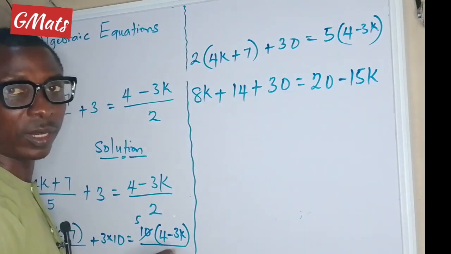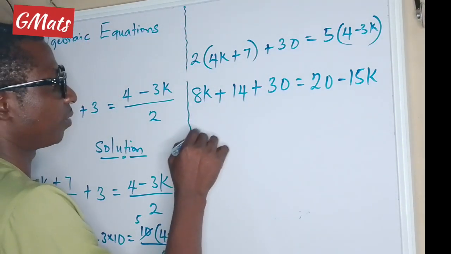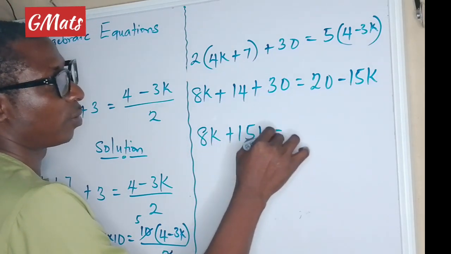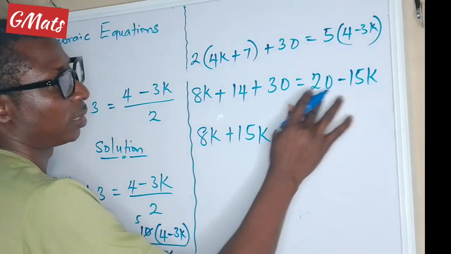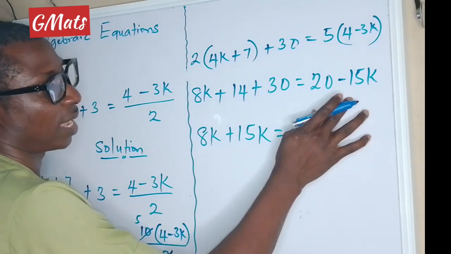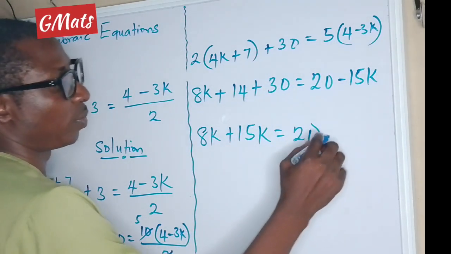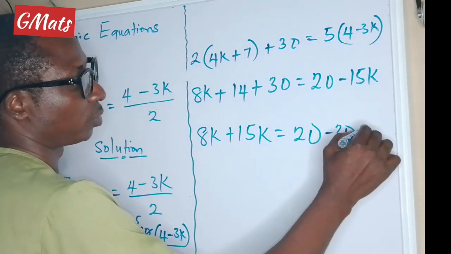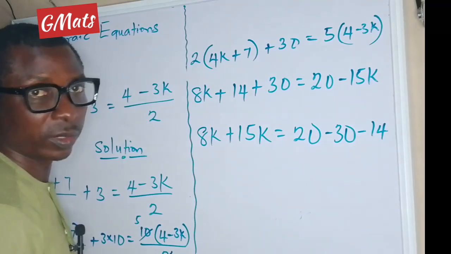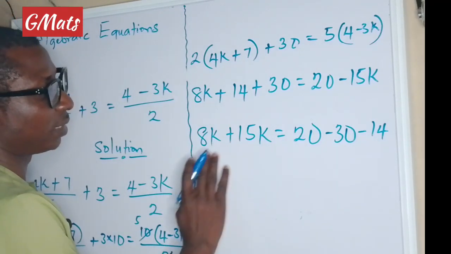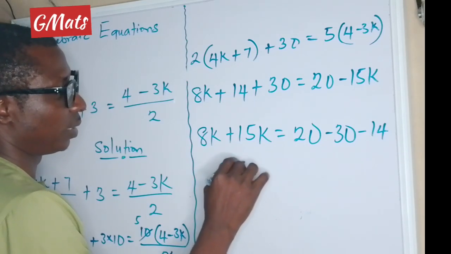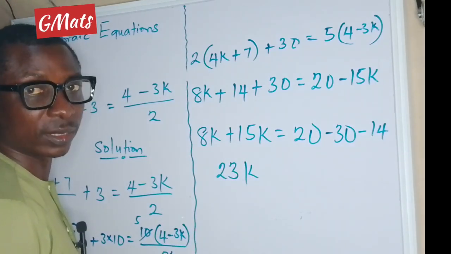So from here you collect the like terms. So we have 8k plus 15k equals 20. Now this moves to this side, the sign changes to minus 30, and this also changes to minus 14. Okay, so when you add this and this together, you have 23k.